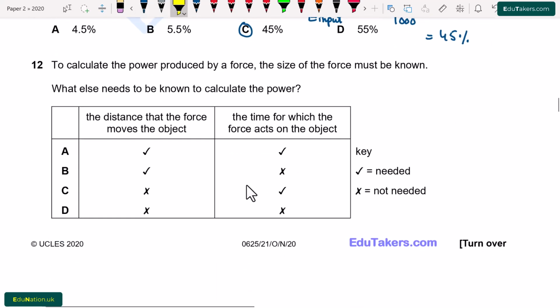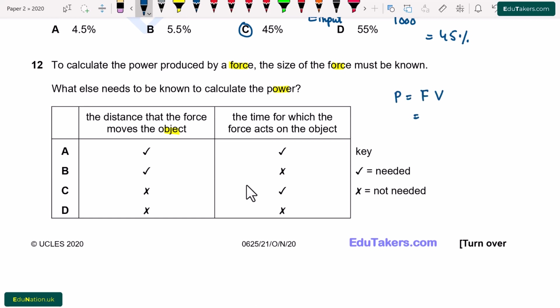Question number 12. To calculate the power produced by a force, the size of the force must be known. What else needs to be known to calculate the power? The distance that the force moved the object, the time for which the force acts on the object. So first of all, power is the product of force and velocity.